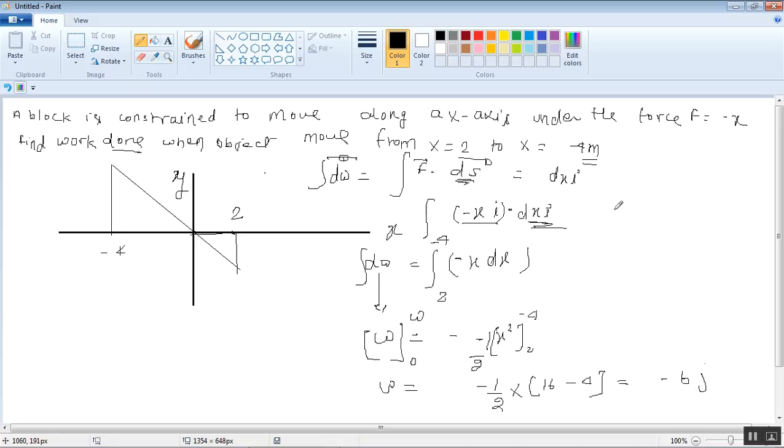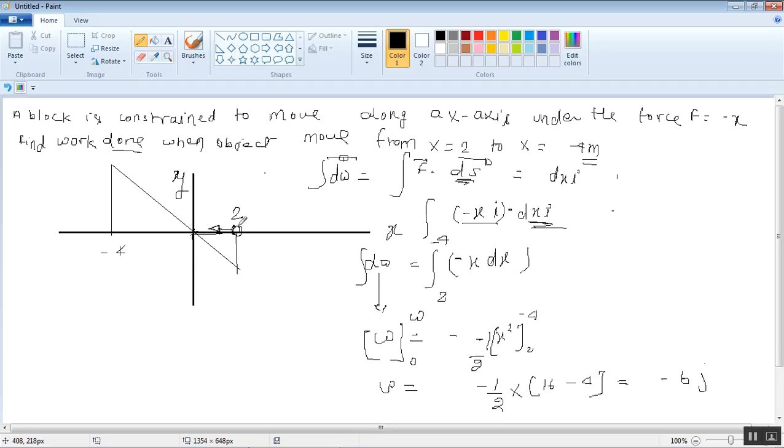Listen here. This is the origin. When my object is here, the direction of force is in this direction, and displacement is also along this direction.